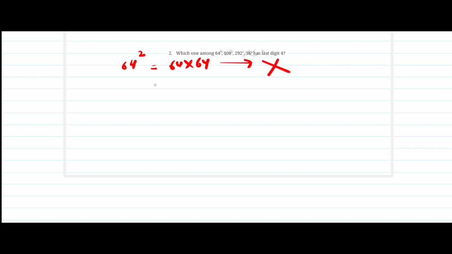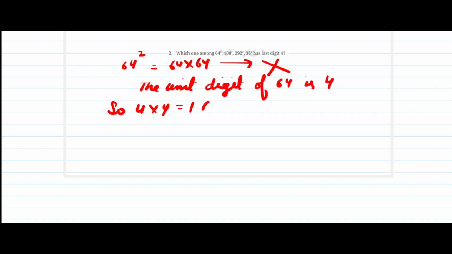See here, the unit digit of 64 is 4, right? So 4 into 4 gives you 16 and its last digit is 6. So which is not leading us to the answer.